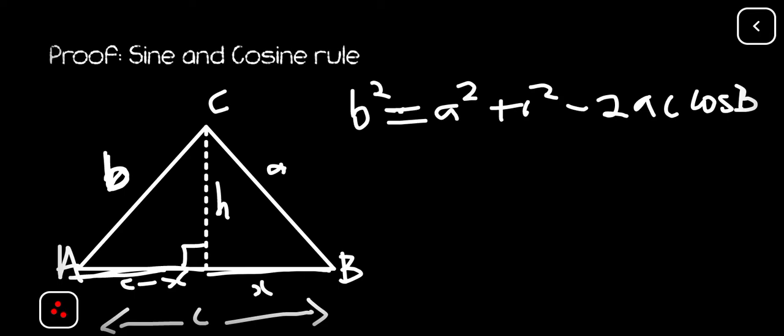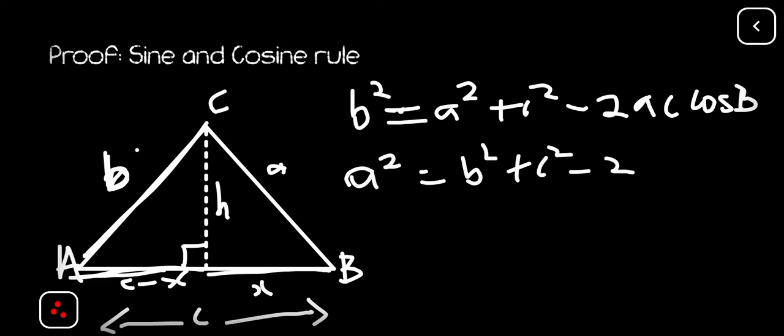If it's a squared you're looking for, that means we're going to flip the triangle so that a will be on this side. There's a way you turn this whole triangle, so that we have the cosine rule become a squared equals b squared plus c squared minus 2bc cos A.